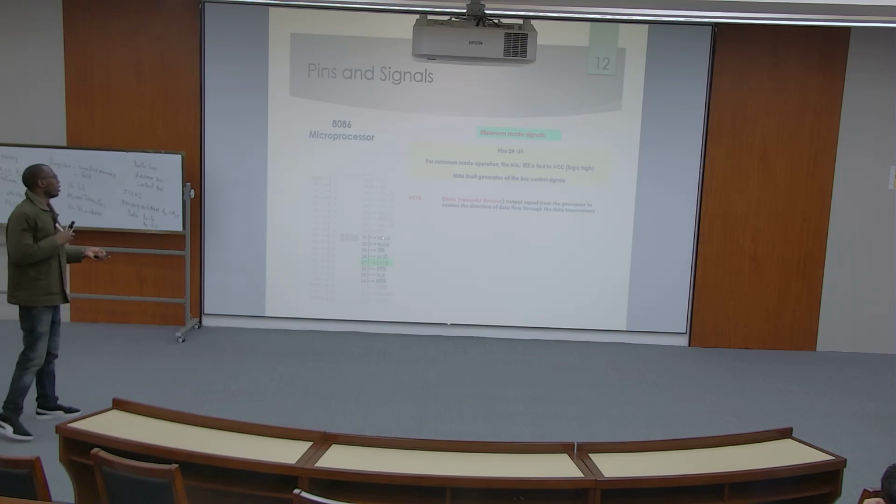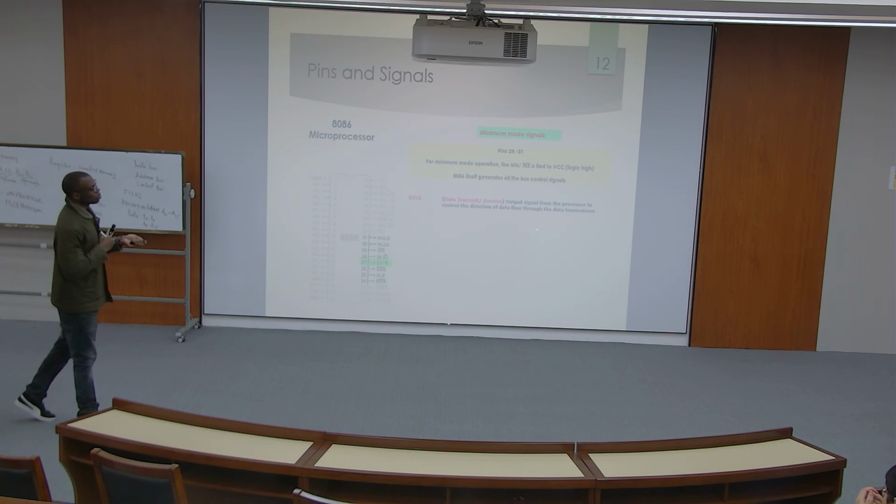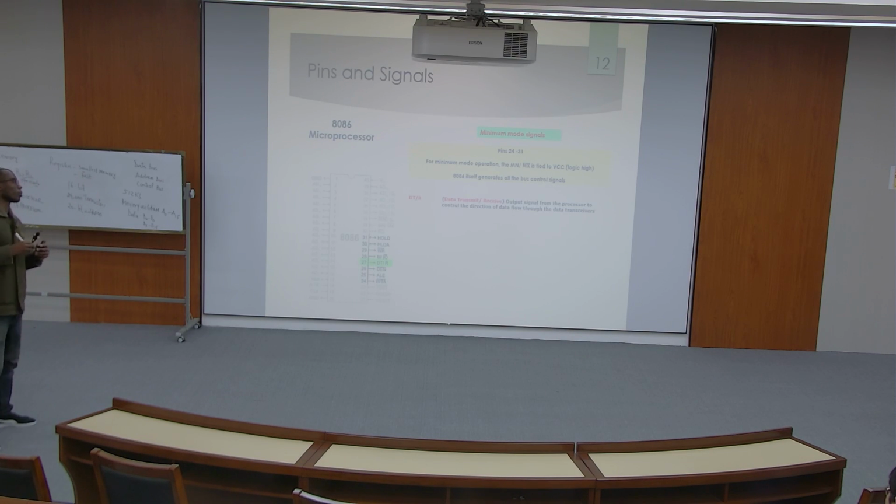Now we have pin 27, which is bidirectional, as you can see here, and we have data transmit or receive. Here, it is used to generate a signal from the processor to control the direction of data flow. That means it has to be data transmit or receive.